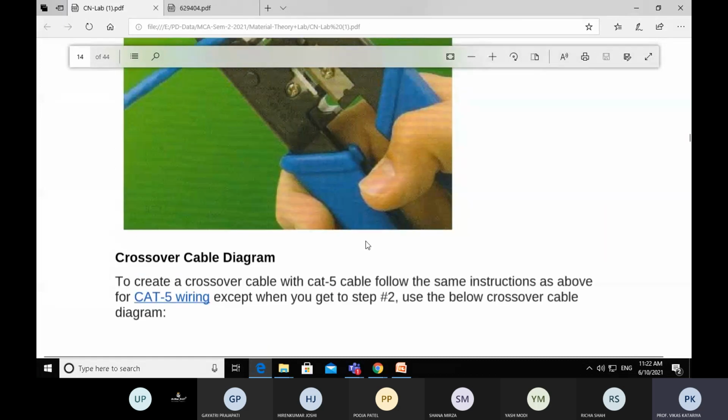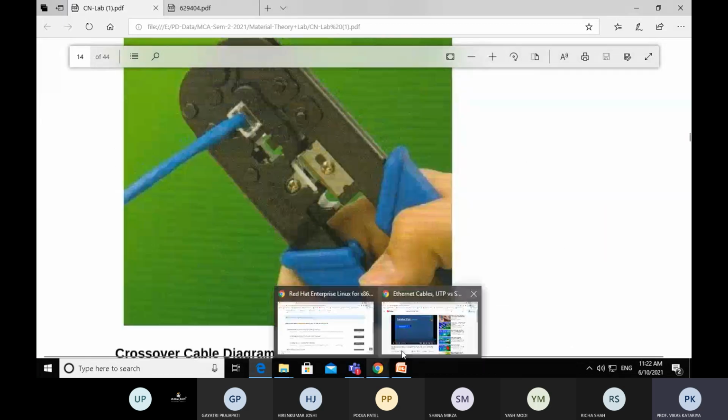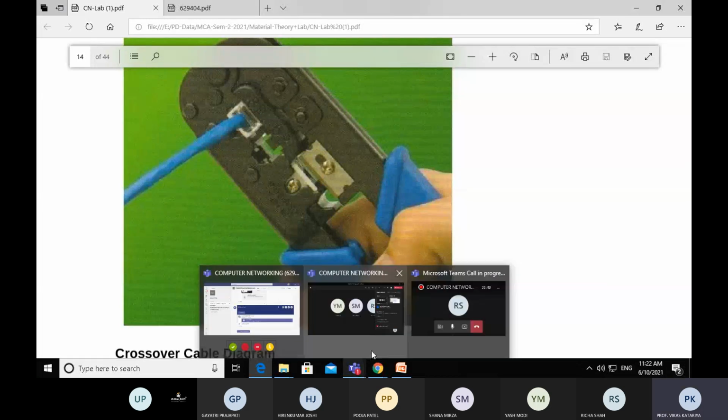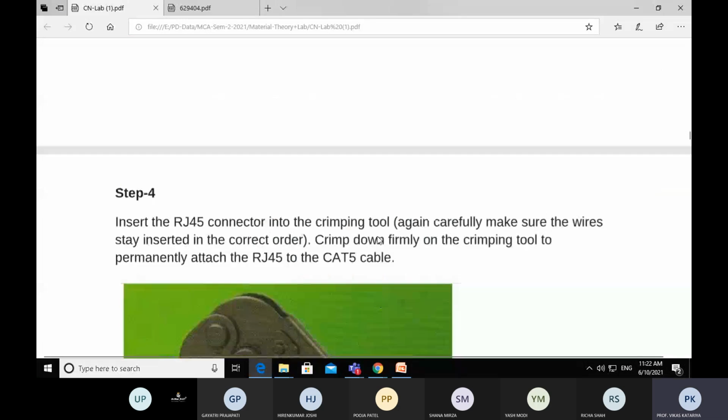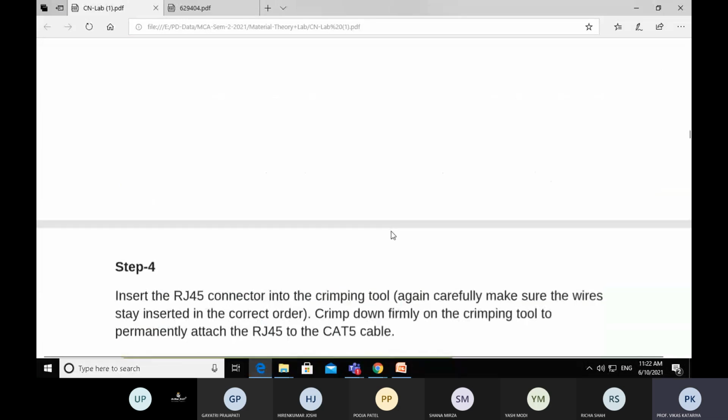Right. So this is all about today's lecture content. What we have done today so far is learn how many types of cable we have to prepare. We require two different cables: either we can prepare a cross cable or we can prepare a straight cable.